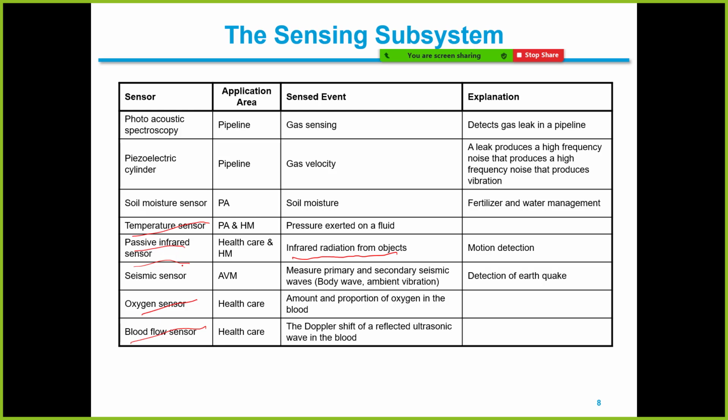This sensor can be used in the healthcare area, and also in the monitoring area. Like if you want to monitor indoor environments, offices, labs, you can use this kind of sensor.